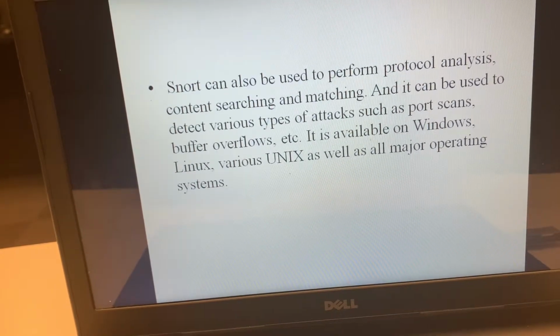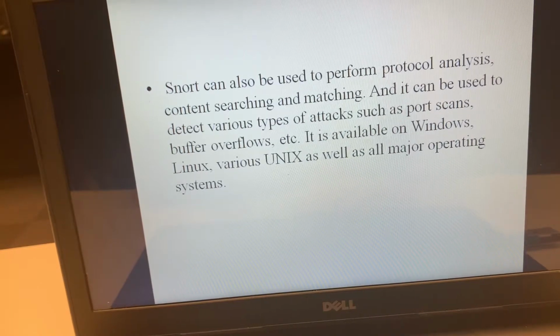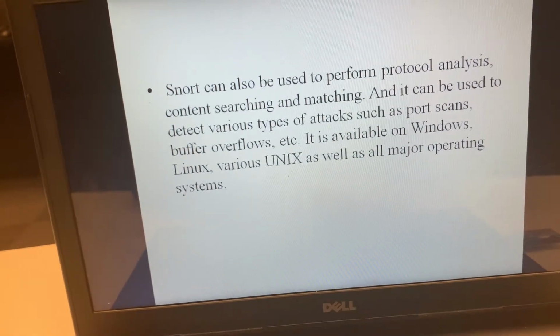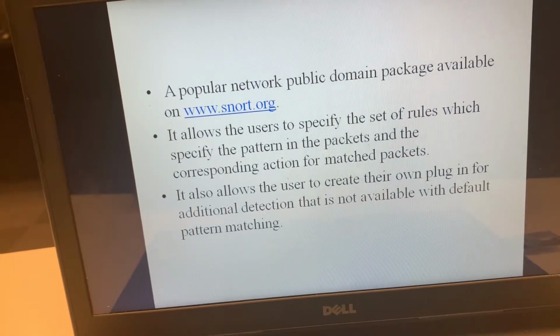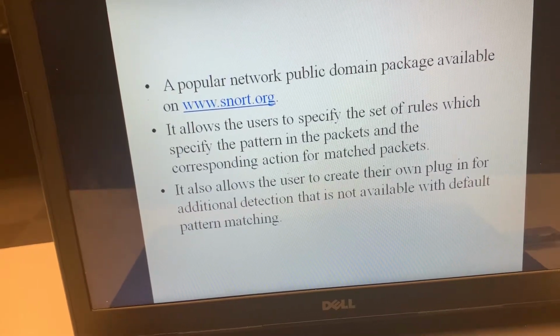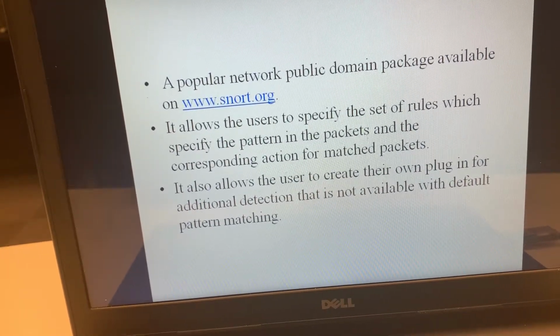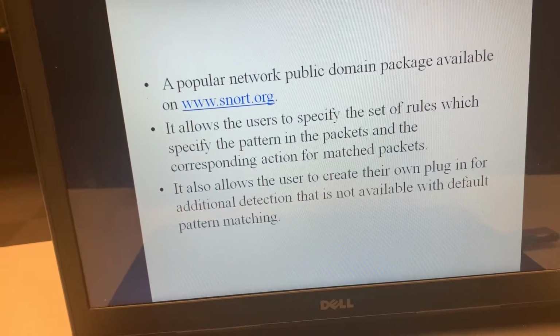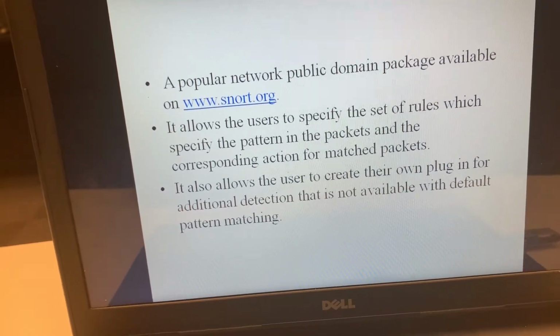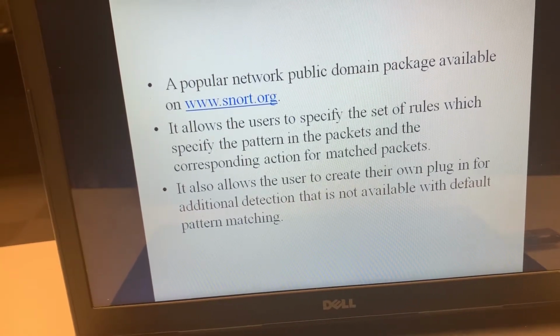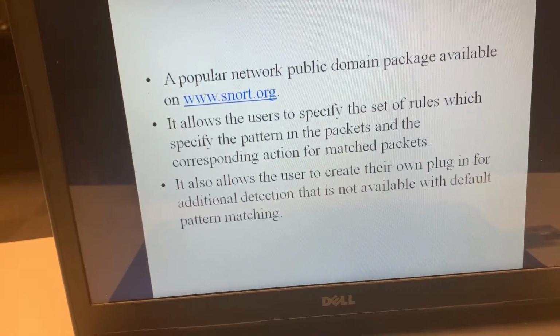It is available on Windows, Linux, and various Unix as well as all major operating systems. It is a popular public domain package available at www.snort.org, so from this website we can download the Snort security tool.